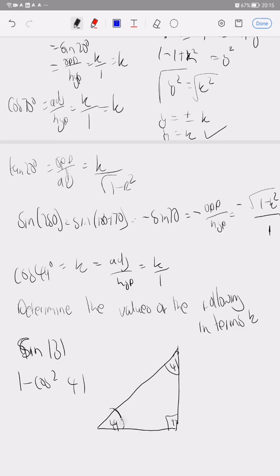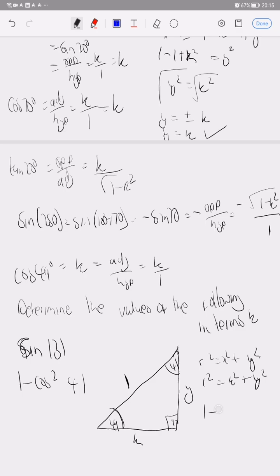So I'm standing here at 49. This one will be k, this one will be 1. So I'm left with y. So I have to find y. We are going to say r squared is equal to x squared plus y squared. So 1 squared is equal to k squared plus y squared.